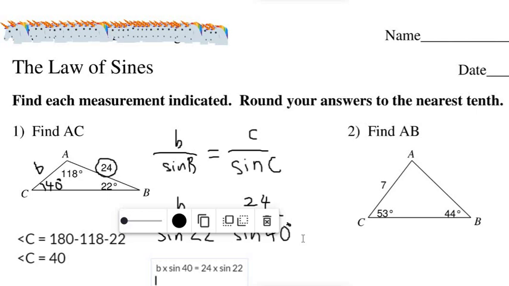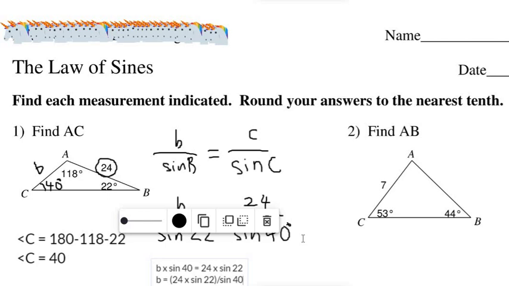Now to find b, we can divide both sides by sine 40. So that means 24 times sine 22 degrees, we have to divide that by sine 40.